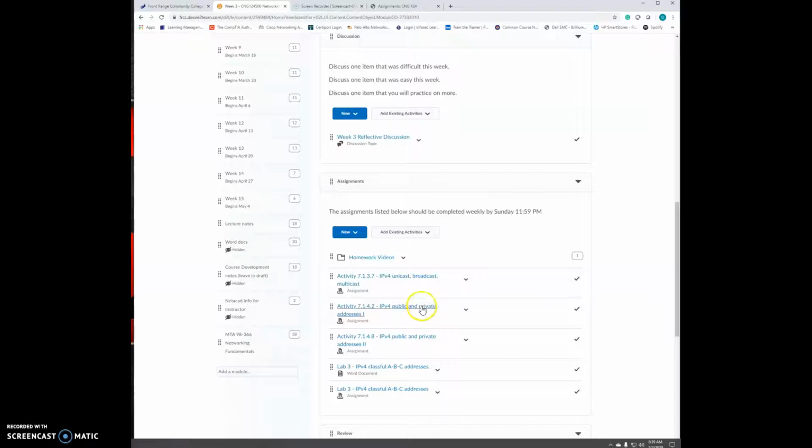Your IPv4 is broken down into public and private. Basically, the public addresses are going to be specific ranges within your private addresses. Those public ones are meant to be on the outside, the WAN connection of your devices, wide area network, where the private IPs are going to be on your LAN connection, local area network.